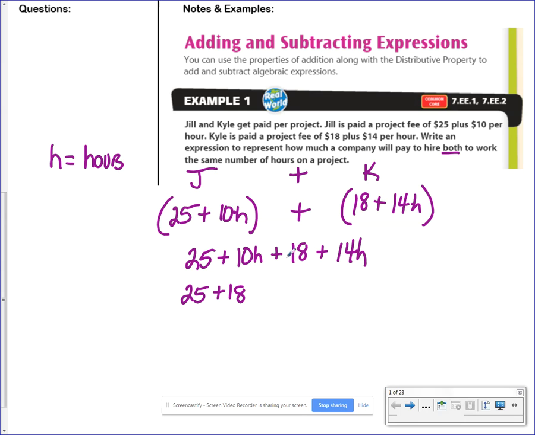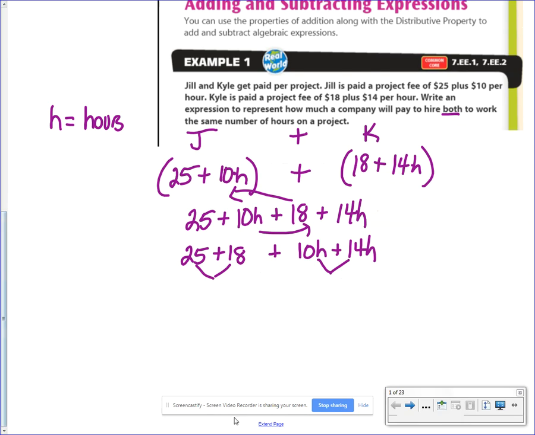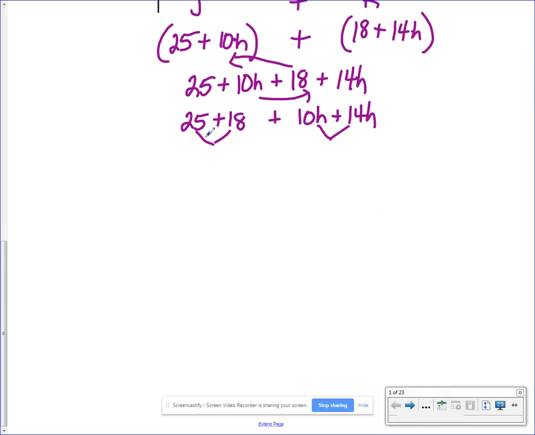Since this is all addition, I'm basically using the commutative property to switch the order of these two, and then I'm going to use the associative property for addition that says I can group things to combine them. This gives me 43 as a constant or a number.